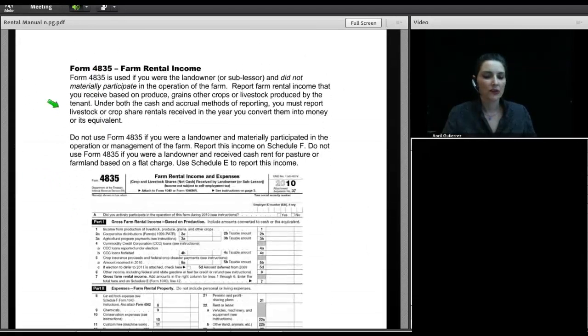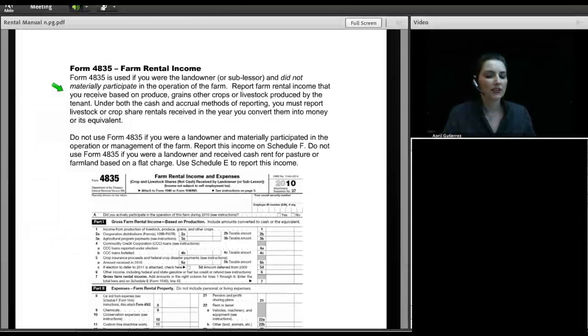And the final form I'm going to show you today is Form 4835. This is the farm rental income form. I mentioned it way at the beginning of class. You use this form if you are a landowner or sublessor and did not materially participate in the operation of a farm. You report farm rental income that you receive based on produce, grains, other crops, or livestock produced by the tenant.